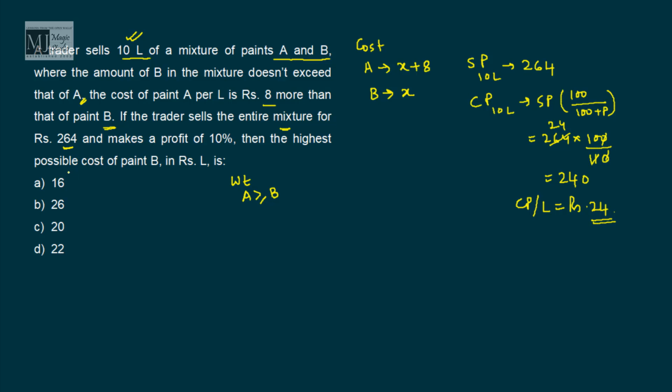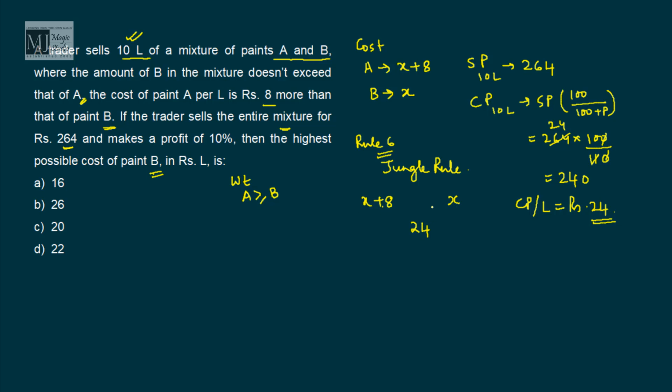Then the highest possible cost of paint B can be found. Now I will use again my rule 6, the butterfly from the jungle rule. X plus 8 is mixed with x to get 24. The basic rule for using this cross diagram is that out of these two, one should be greater than the average and one should be less than the average, since the average always lies between the two given numbers.